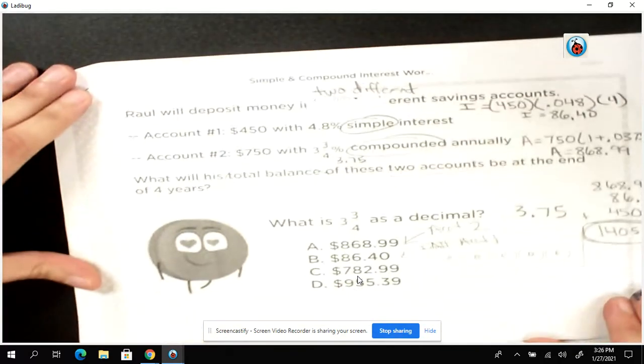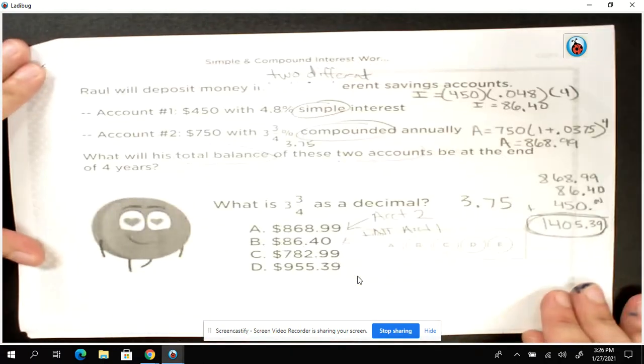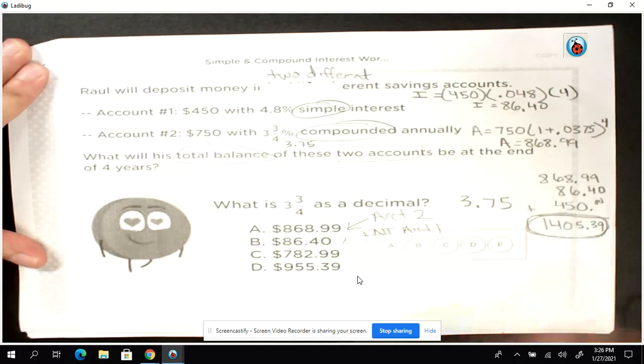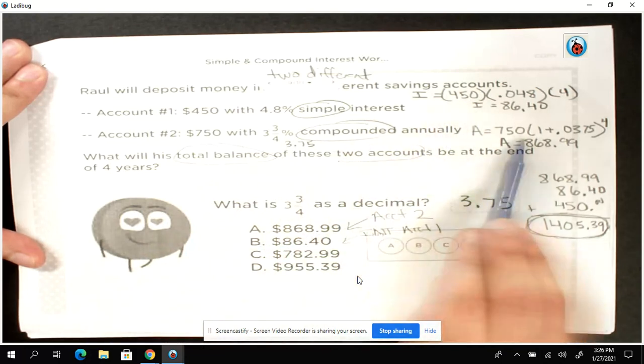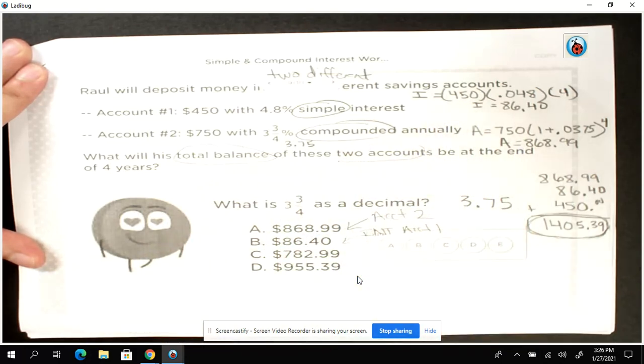Go ahead and I'll show you number 9. You can pause and take a look at the work. So again, two different scenarios, simple and compound. I did the simple interest formula here, and this one I did compound. What will his total balance of these be? So again, you're looking for the balance of both accounts.